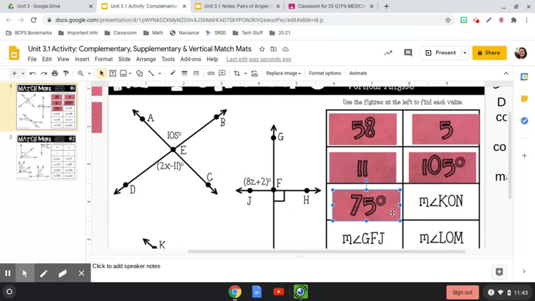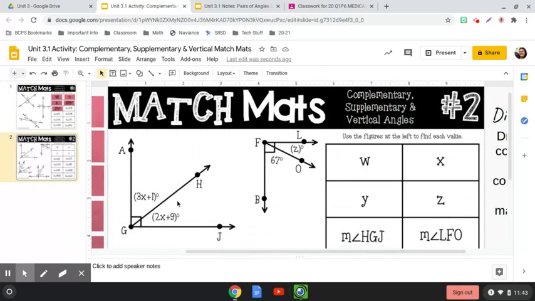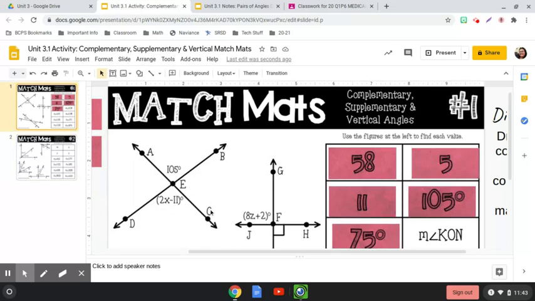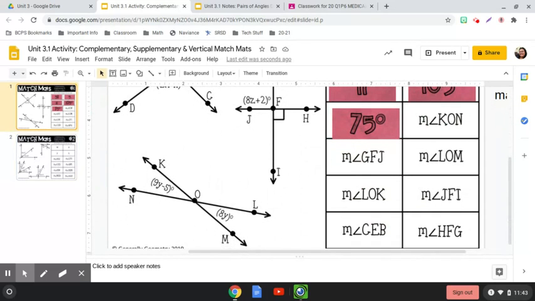Next, we're looking for the measure of angle KON. So we're going to be down here on this figure. KON right here. KO, because our middle letter is our vertex, N. Well, KON is already marked for us.